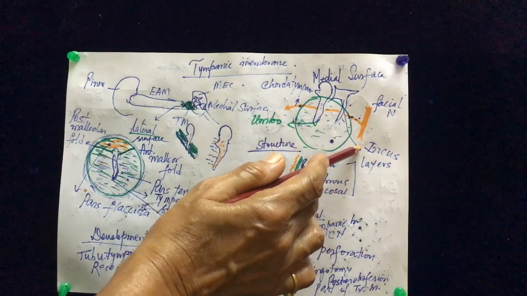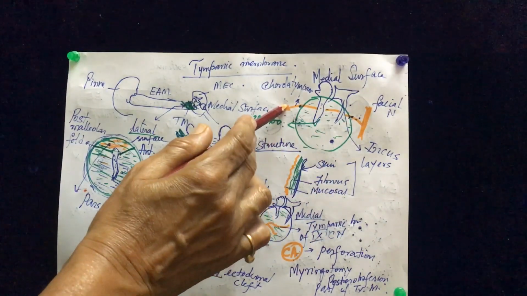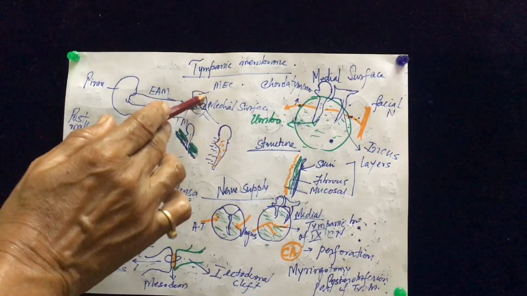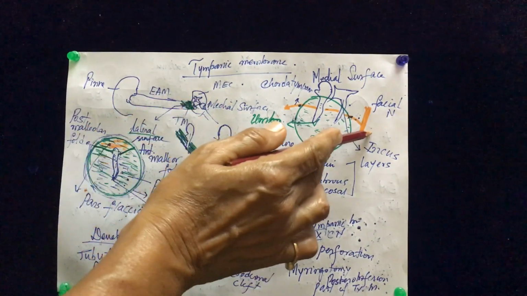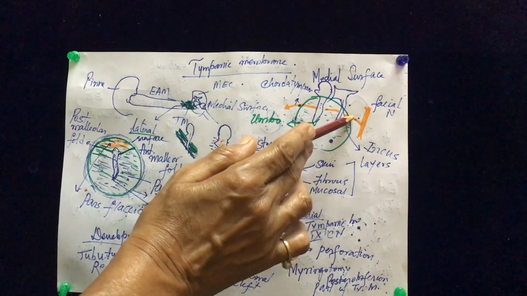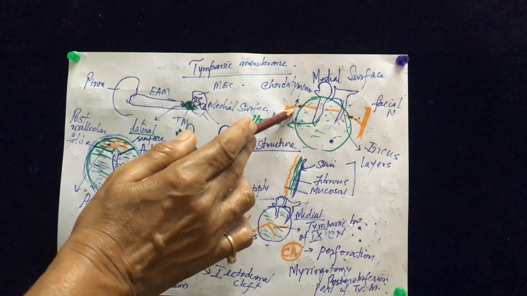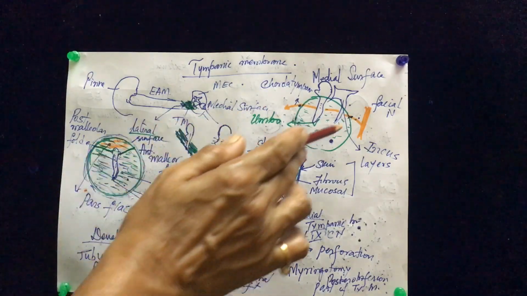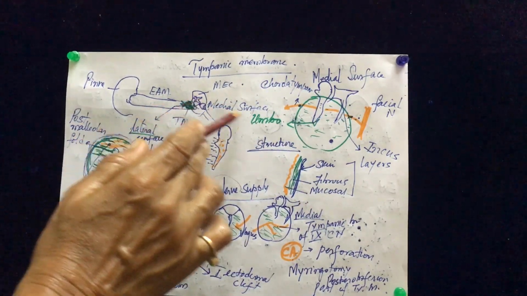This chorda tympani is related to the tympanic cavity, or the lateral wall of the middle ear cavity, and passes from the posterior canaliculus to the anterior canaliculus. The details I will describe in the middle ear cavity.